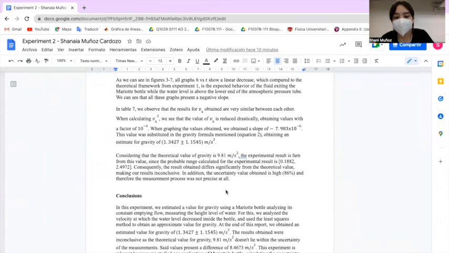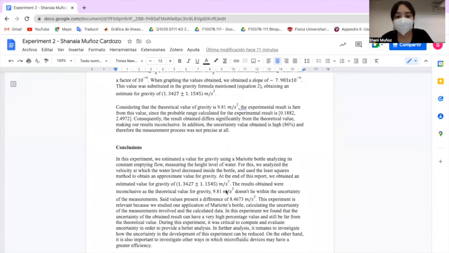When graphing the values obtained, we obtain a slope of minus 7.983 times 10 to the minus 6. This value was substituted in the gravity formula mentioned, obtaining an estimated value for gravity of 1.3427 plus minus 1.1545 meters per second squared.